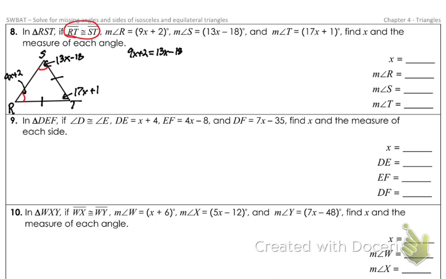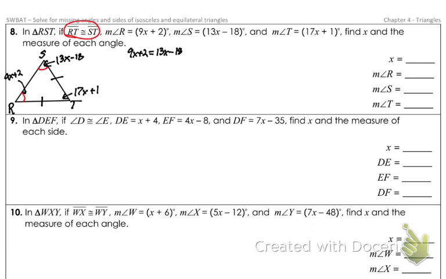I'm going to save us just a little bit of time. We forget about the 17x plus 1 right now. We're going to have to bring it back in because it does say find all of the angles. So once we solve for x, we need to plug it back in. But that's why we drew our picture, to say we need to put an equal sign somewhere, right? So we're going to put our equal sign between those two.